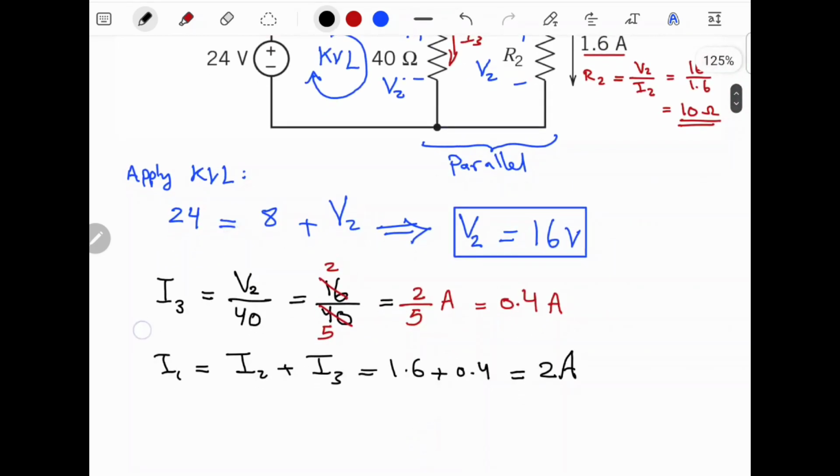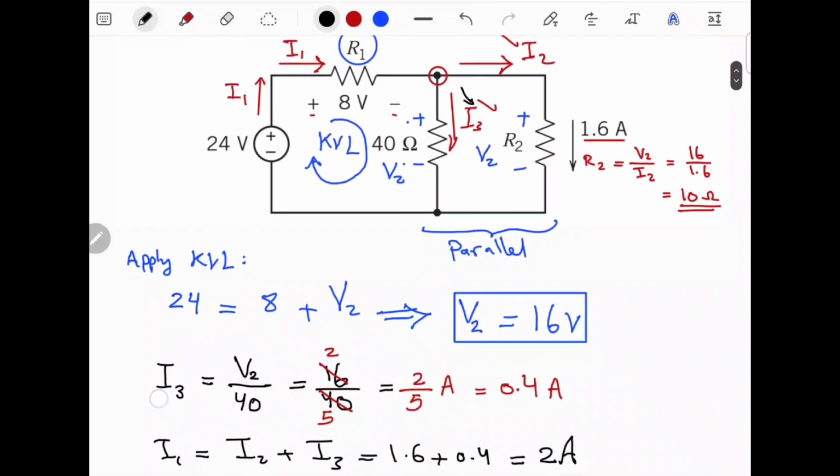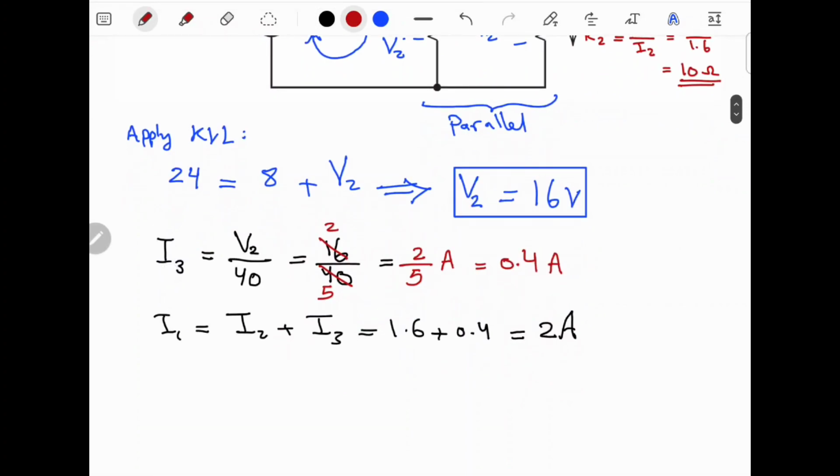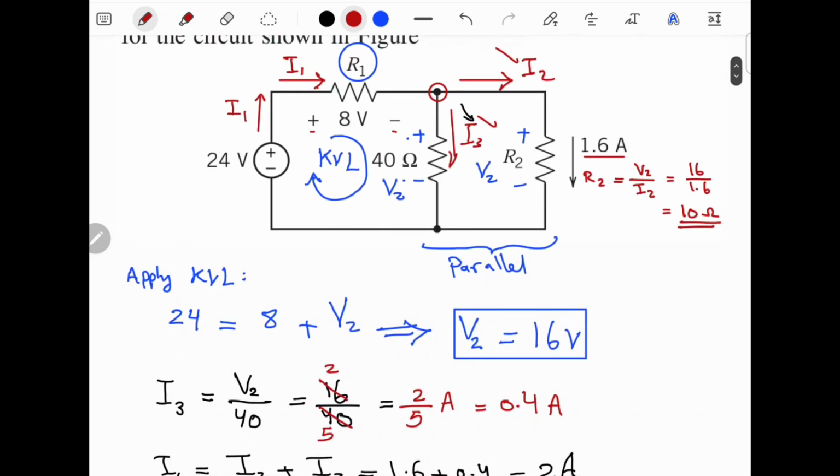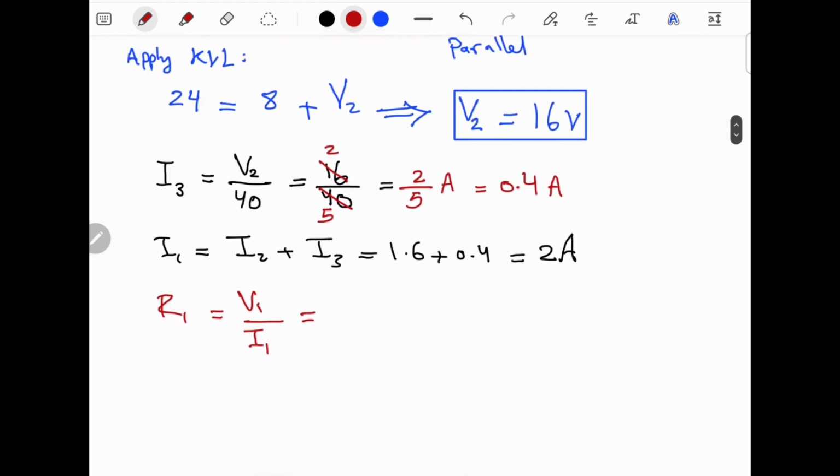Because of that, the resistance R1, we can calculate it easily by saying it's equal to V1 divided by I1, and V1 is 8 volt divided by I1, which is 2 amp, and the answer is 4 ohm.